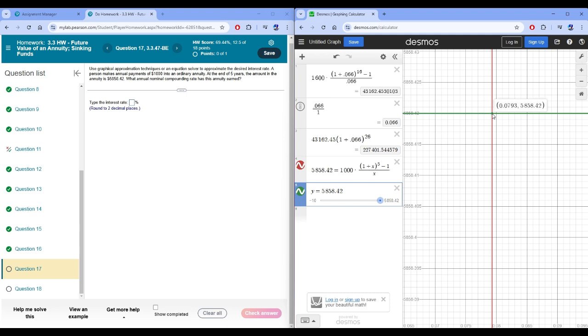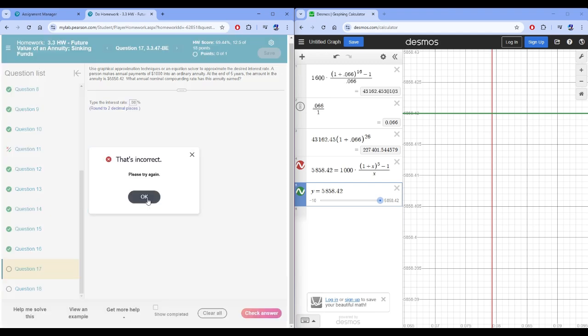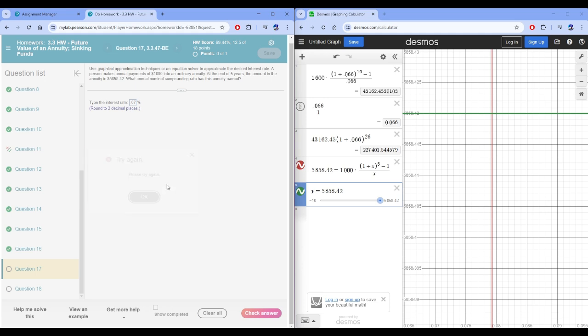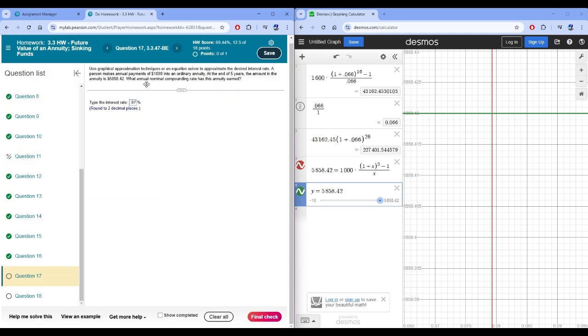What is that? Oof. How many decimal places? So can I put 0.08? 0.07? No. What is the annual nominal compounding rate has this annuity earned? How do I do that?